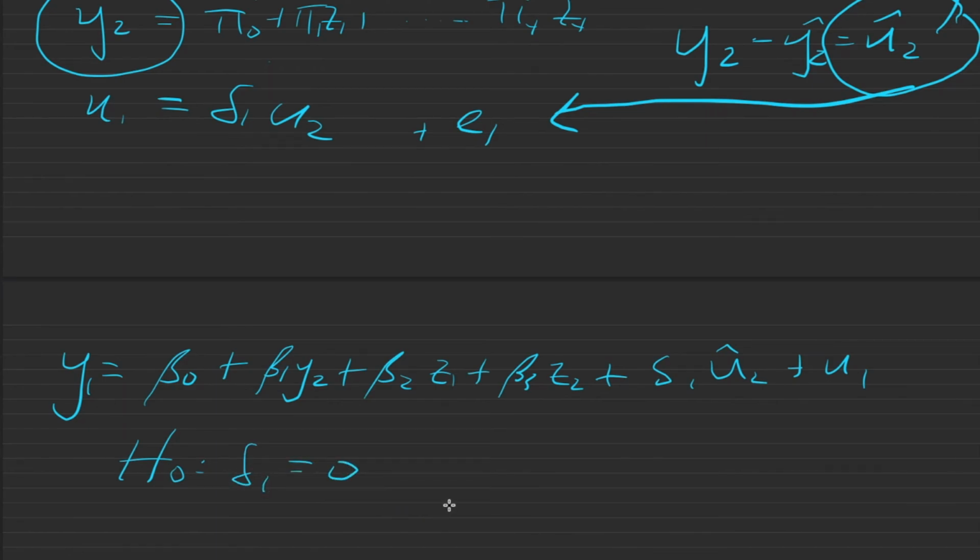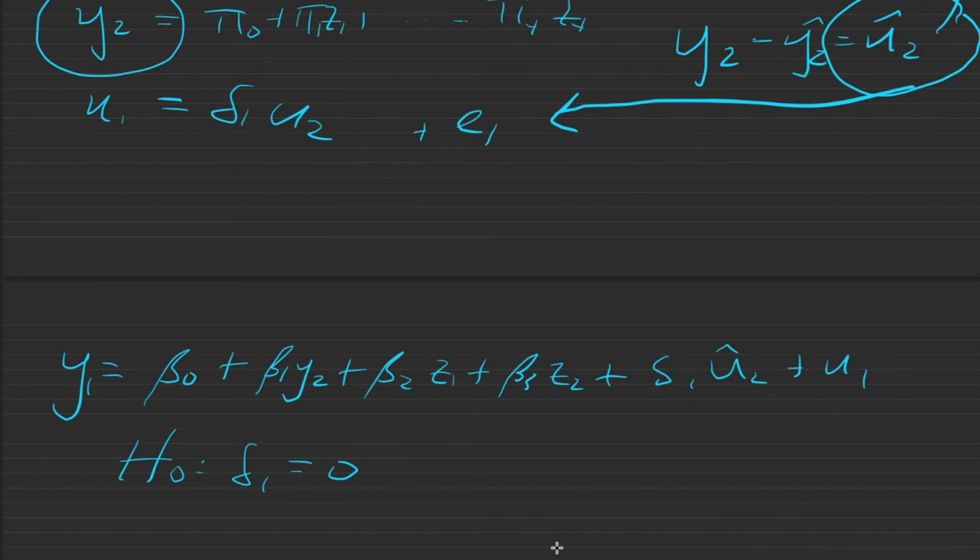At an appropriate level of significance, if we can reject this null hypothesis, then we can conclude that y2 is endogenous because u2 and u1 are correlated.